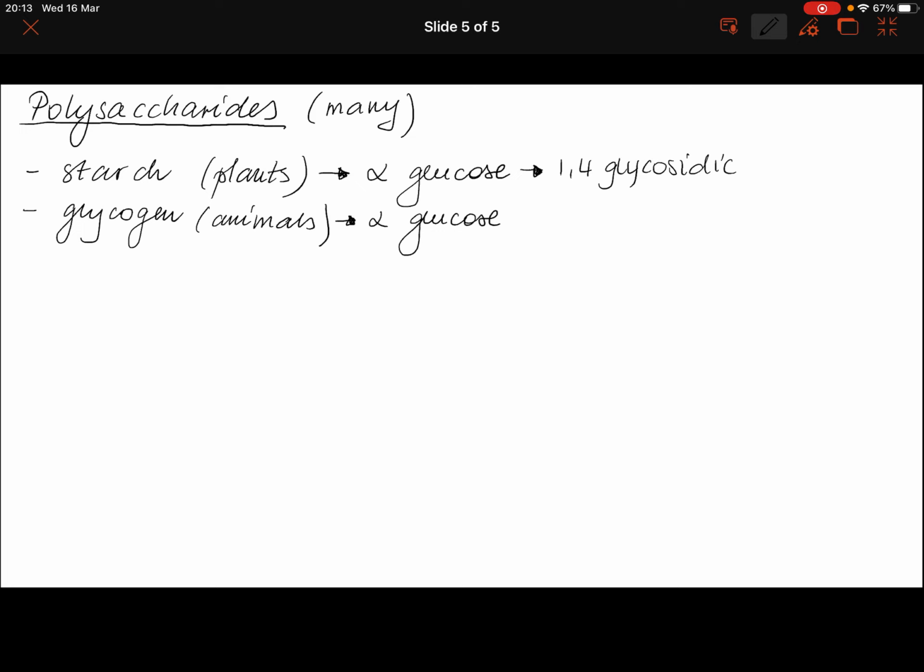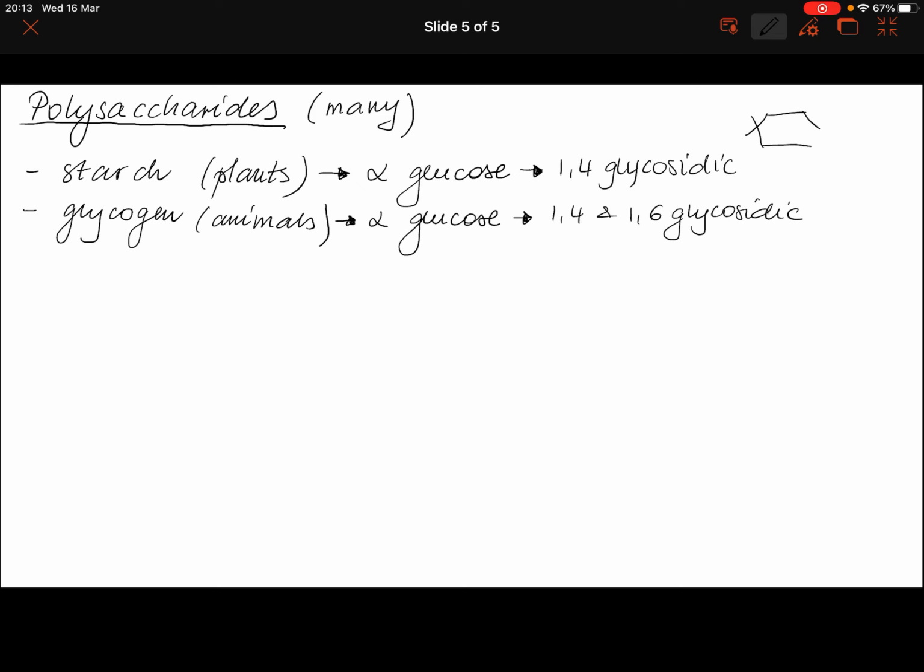However, glycogen is more branched, meaning it gives more spaces for the enzymes to work on, and so in glycogen we will have 1,4 but also 1,6-glycosidic bonds.